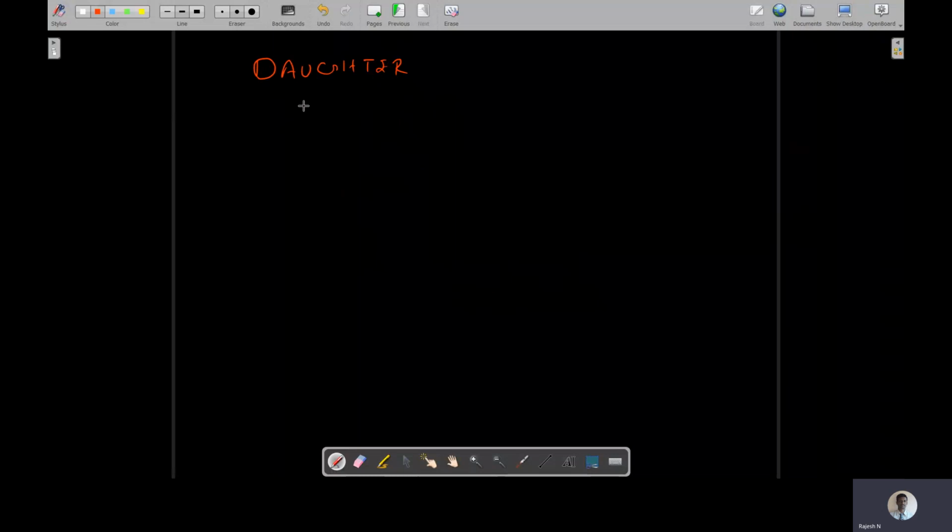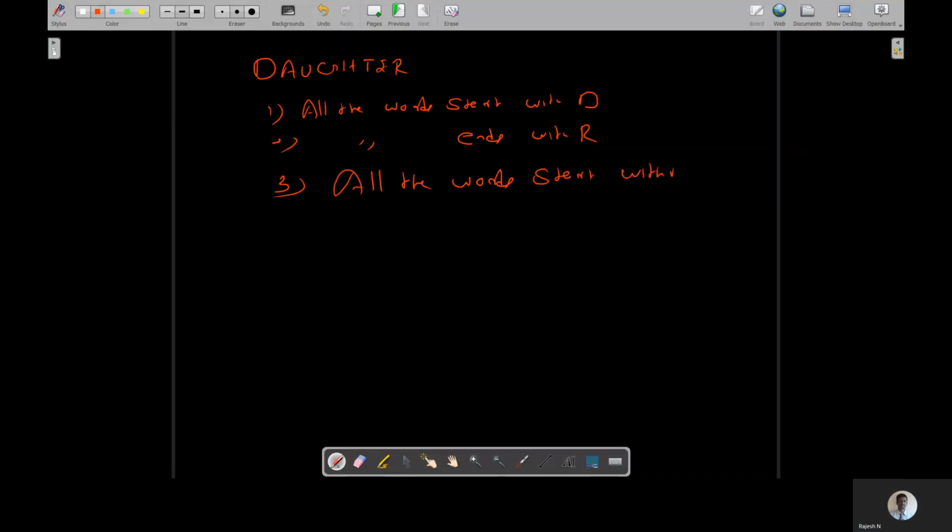Also find the number of ways in which all the words start with D, all the words end with R, all the words start with D and end with R, and D and R occupy end places.